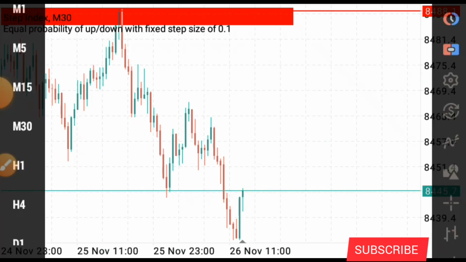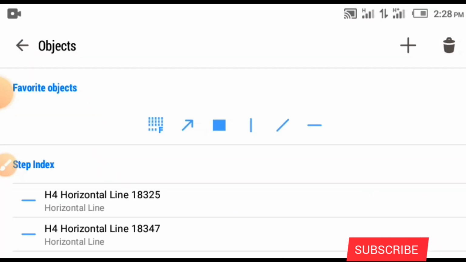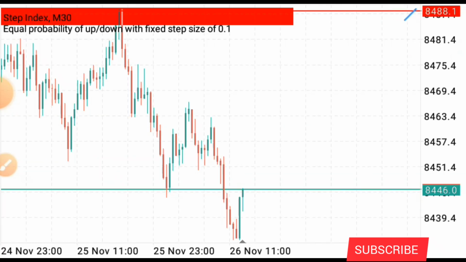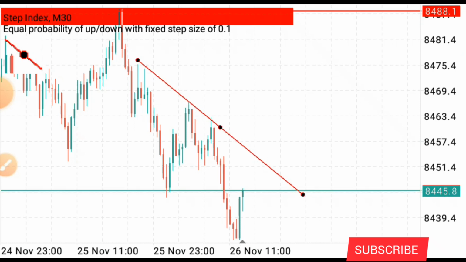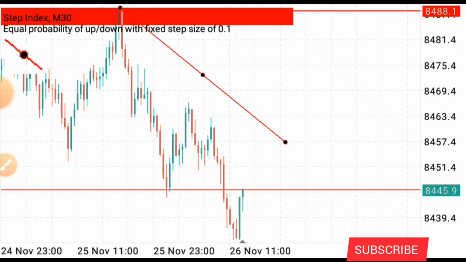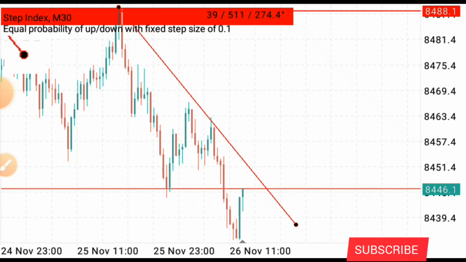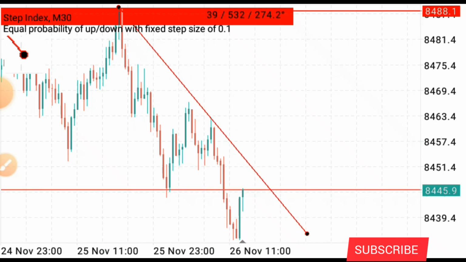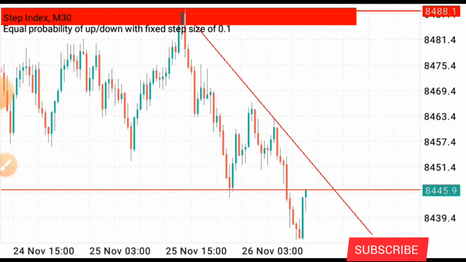So here on the 30-minute time frame, I can see a counter downtrend, right? And I'm going to identify it right now. So I'll draw my counter trend line.